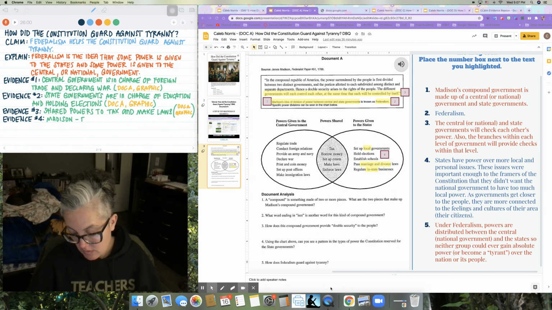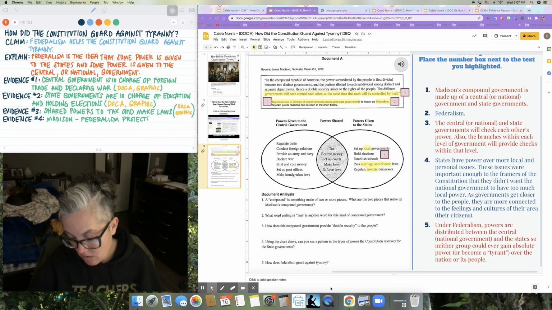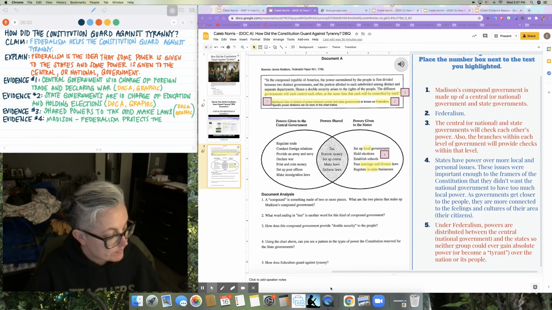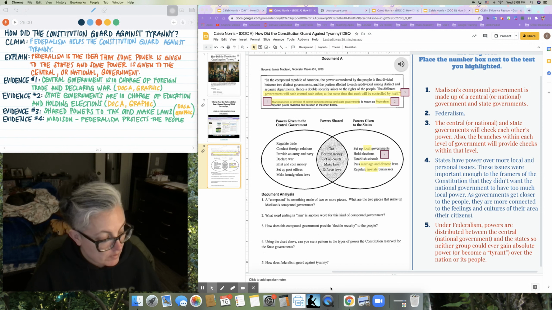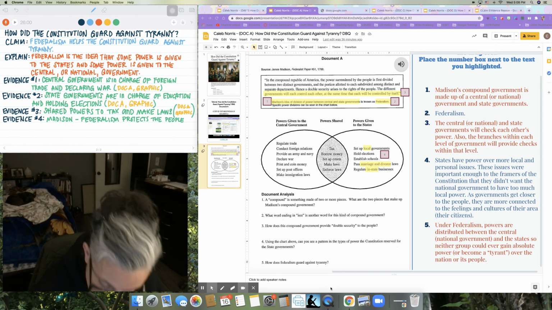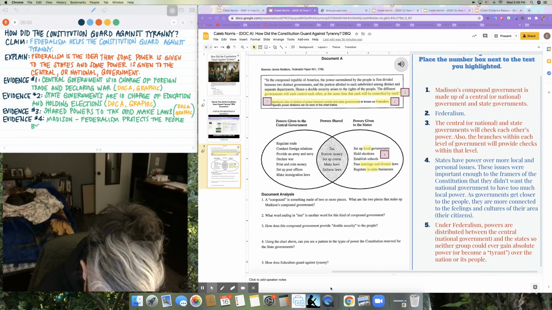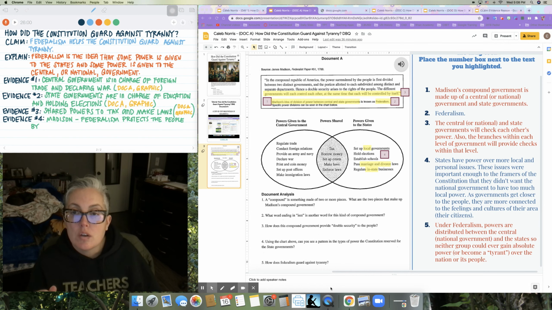Federalism protects the people by, I'm going to look at his quote.